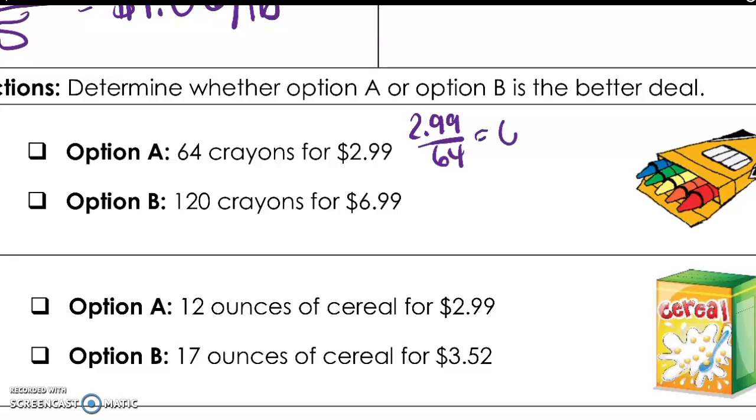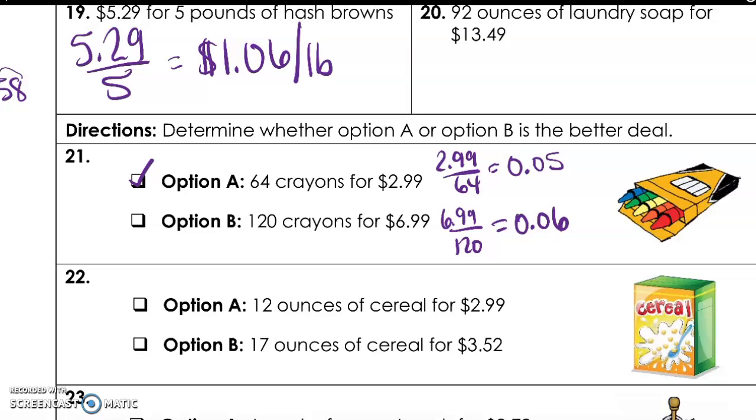So it's 0.46. So that 6 tells the 4 to become a 5. And then the other one, we would do $6.99 divided by 120. Okay, 0.58. So it might look like it's the same, but that 8 tells the 5 to become a 6. So option A is actually the better price, the better deal.